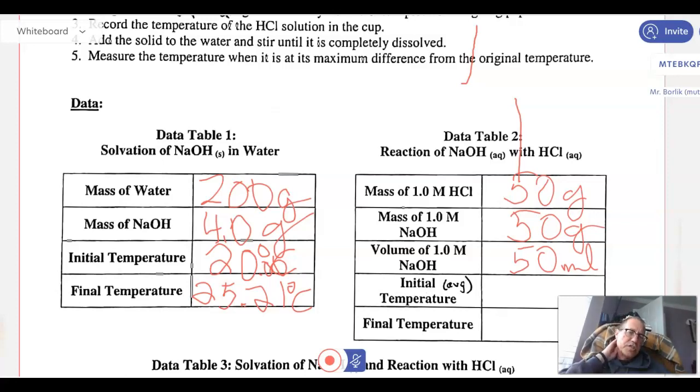All right, initial temperature, it says the average. We would be doing this 3 times or so, and then we would get an average in the lab.